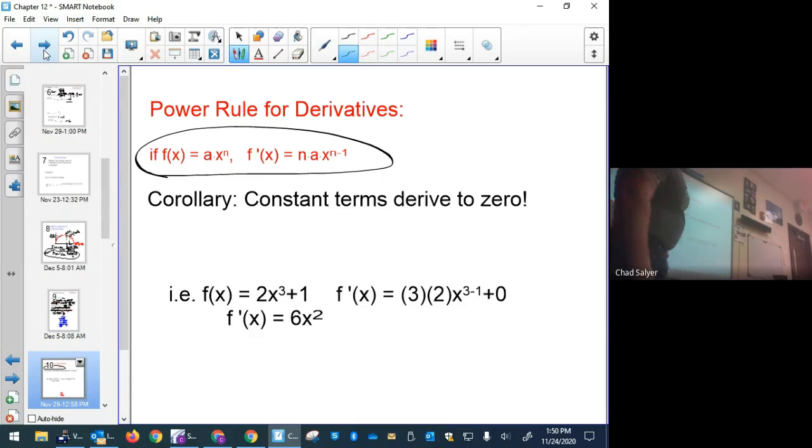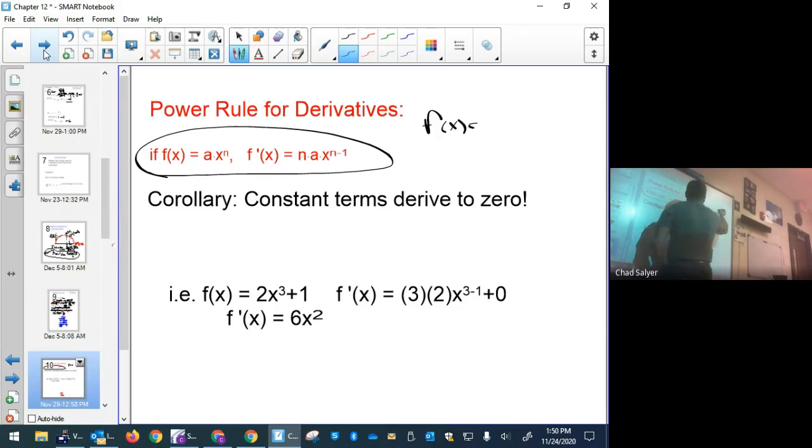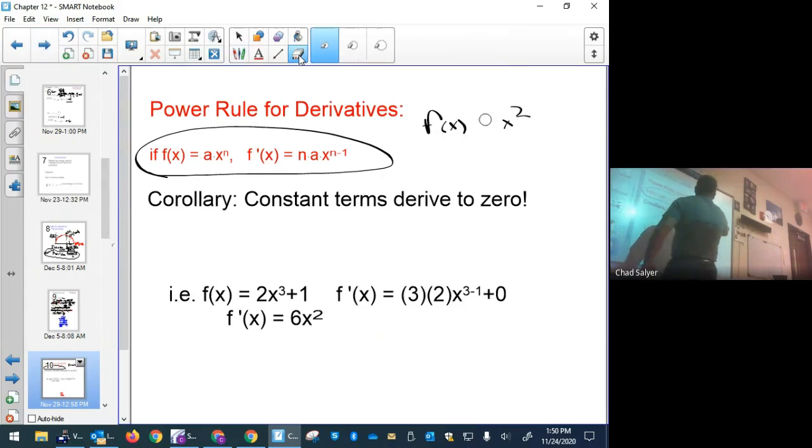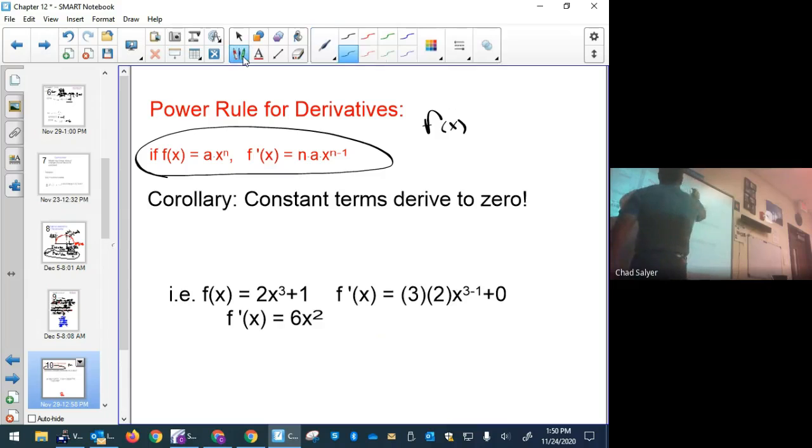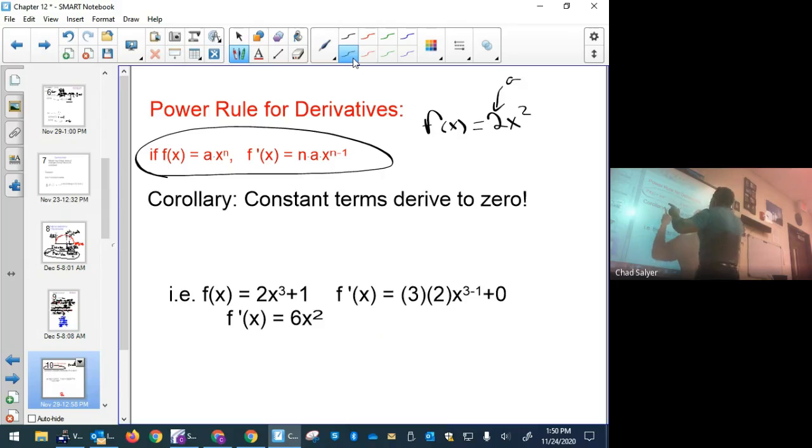So if I take the previous example, remember I did 2x squared. In this case, the coefficient is 2, so that's the a here. The variable is x, and the exponent is 2.